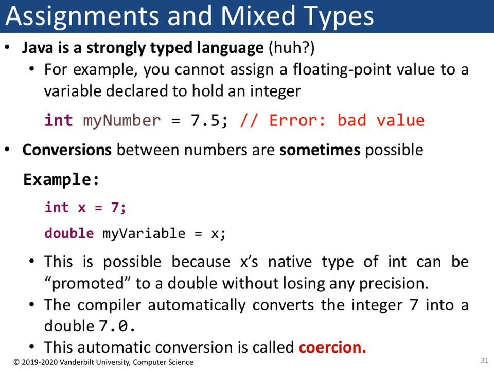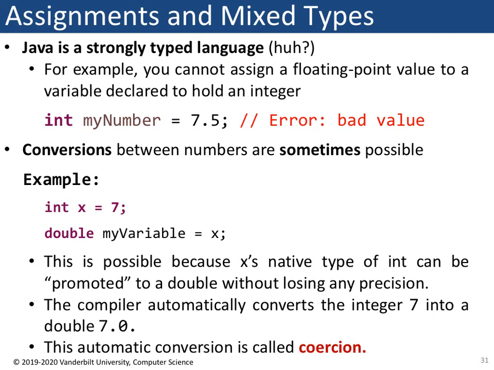Now remember, x is an integer, so the value stored in x is an integer. So the right-hand expression in this assignment is going to evaluate to an integer value. And then we're going to attempt to assign the integer value to myVariable. This will not generate a compiler error.